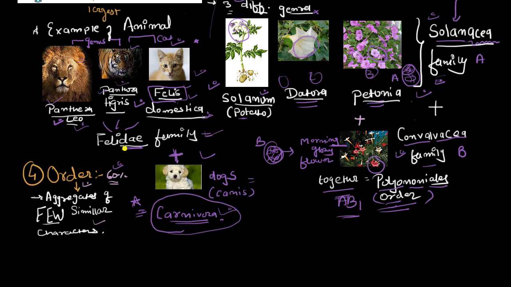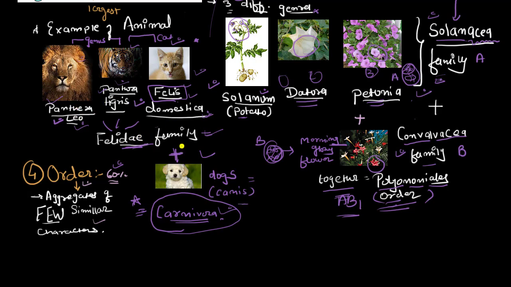Dogs in the Canidae family and cats in the Felidae family. These families are different, but the order is the same because of one very great characteristic: they all eat other animals. That's why they are in Carnivora. Did you get the example? So this was all about family and order.